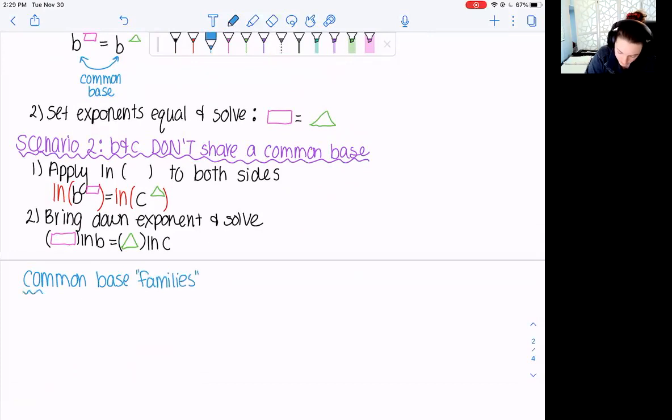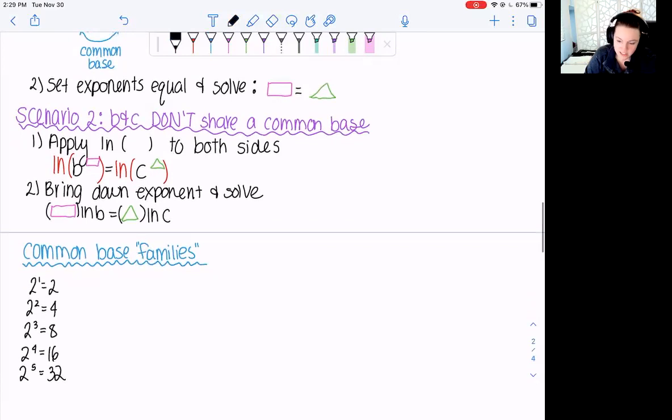Common base families. Two numbers share a common base if they're both powers of the same number. So for instance, 2 to the first power is 2, 2 squared is 4, 2 cubed is 8, 2 to the fourth is 16, 2 to the fifth is 32, and that's probably as far as I need to go.